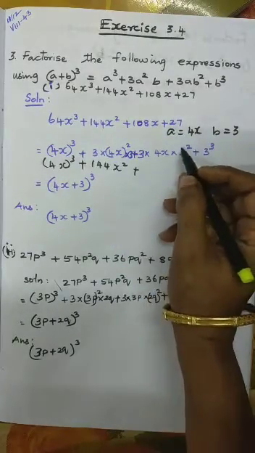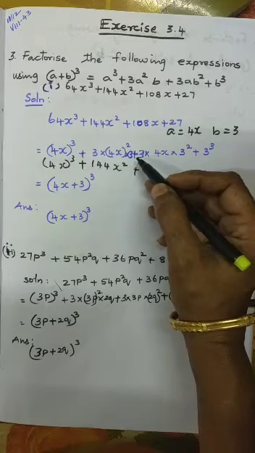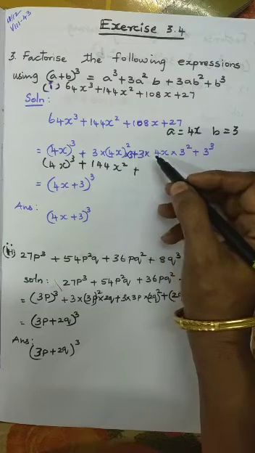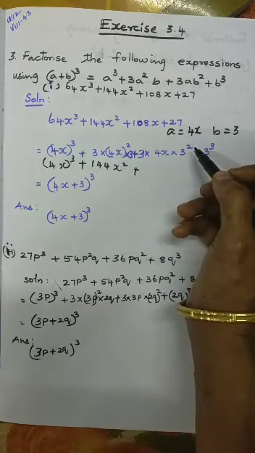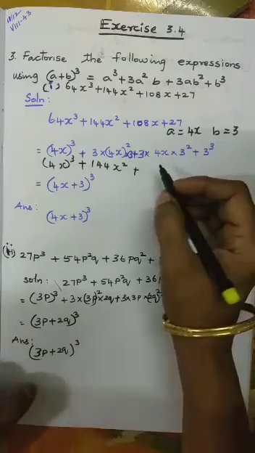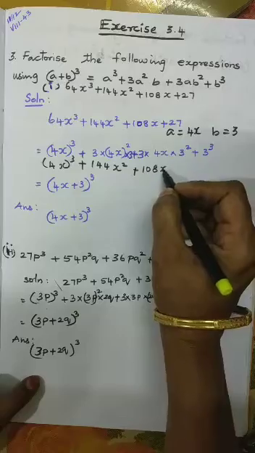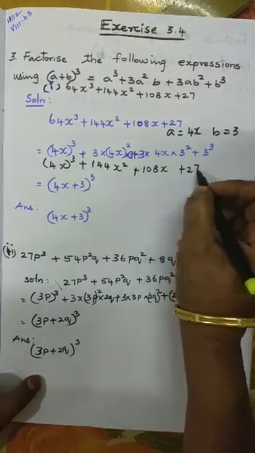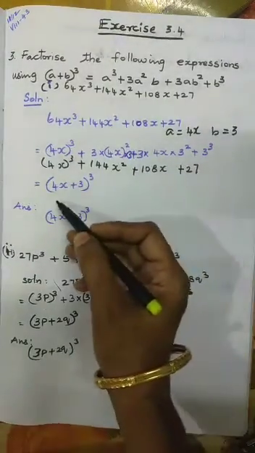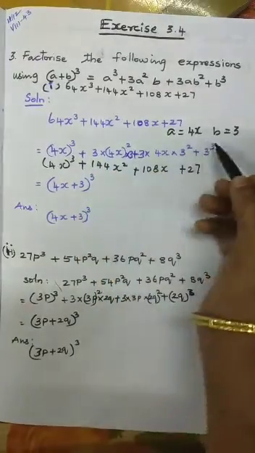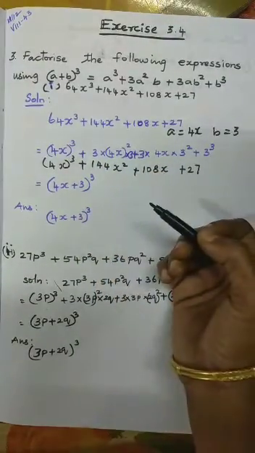Plus, here 3 3s are 9. Here 4 3s are 12. 12 9s are 108x plus 27. Okay.